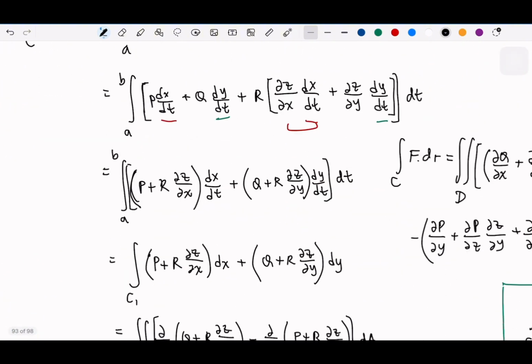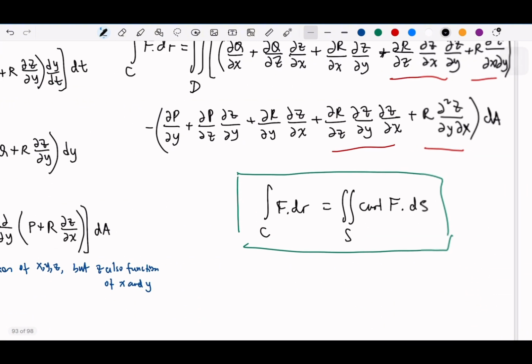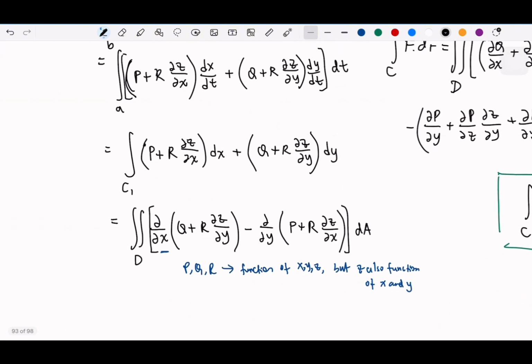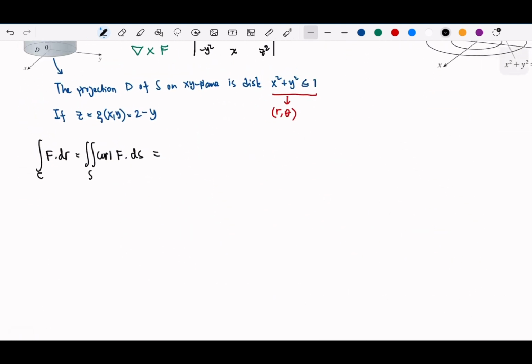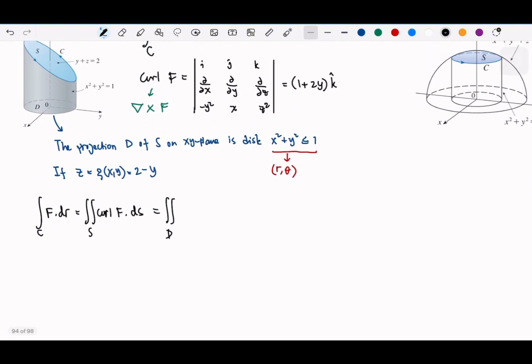So it's just like Green's theorem all over again. The surface S will be projected to this D, and we can write that curl F is 1 plus 2y, and then dA. Of course, this is only for a special case.